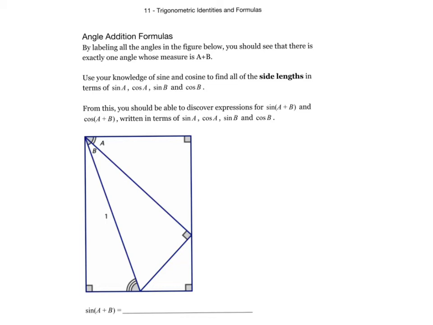And we want to do sort of the same thing we did for that application. We want to find out all the side lengths in terms of sine A and cosine A and sine B and cosine B. So let's see where that leads us.